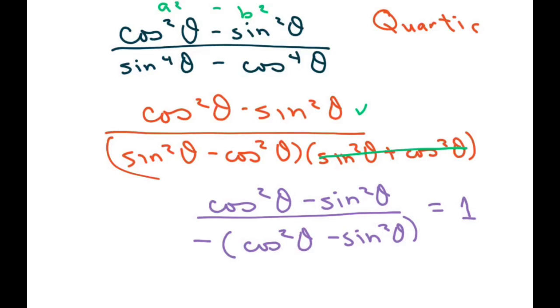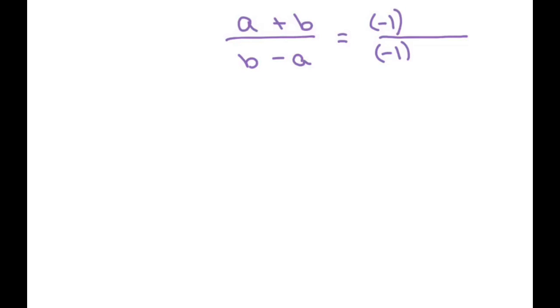Now, just remember, anytime you have something like this, a plus b over a minus b, b minus a, you can multiply the numerator and the denominator by negative 1.